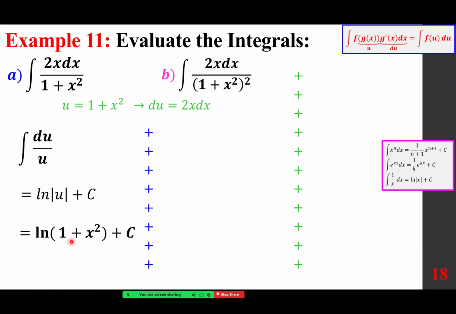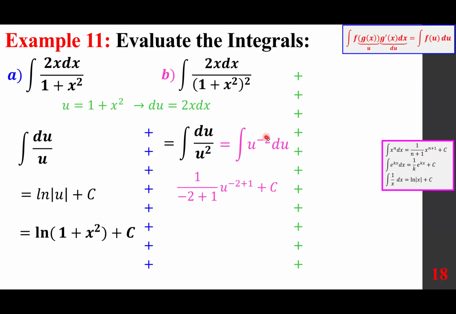For part B, we're going to use exactly the same u and the same du that we did here. So we have du over u squared. And now, I hope you remember that we did this. In fact, we did it in the previous page, previous example. And so we bring the u up, make it u to the power of -2 du, meaning we are going to use the power rule, 1 over -2 plus 1, u to the power of -2 plus 1, and a constant. -2 plus 1 is -1, 1 over that is -1.